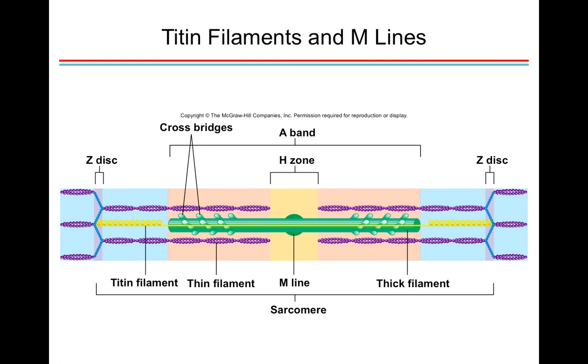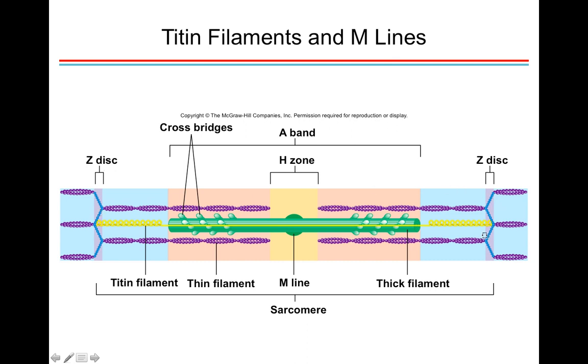So let's take a closer look at the sarcomeres to understand how the cytoskeletal factors are structured and how they're going to be facilitating contraction. Each sarcomere is a cytoskeletal unit in the skeletal muscle, and each has a boundary of these Z discs. There's a Z disc on one side and on the other side.